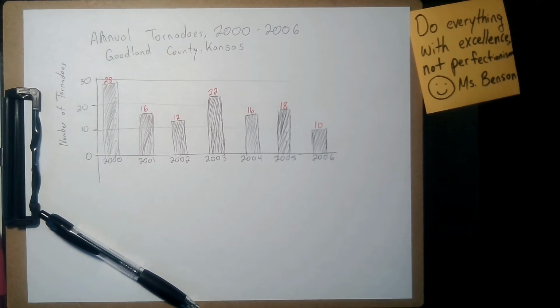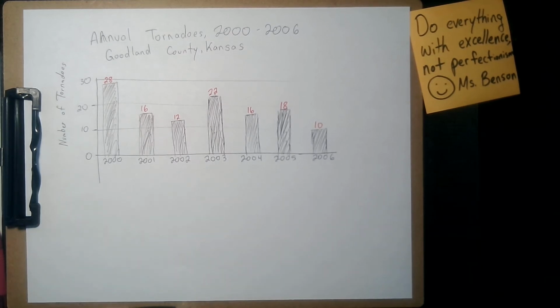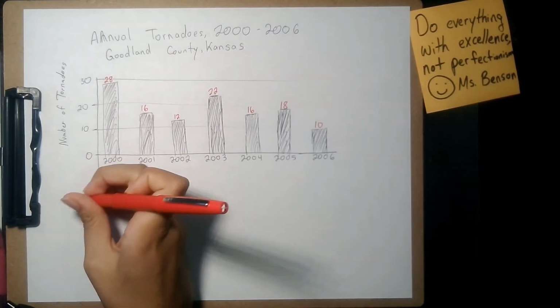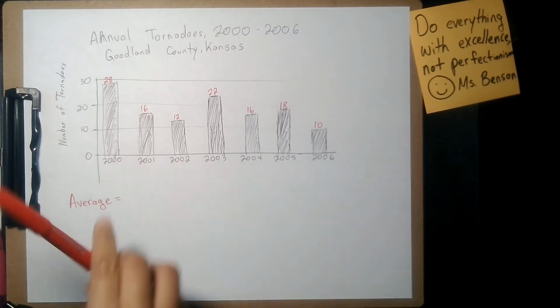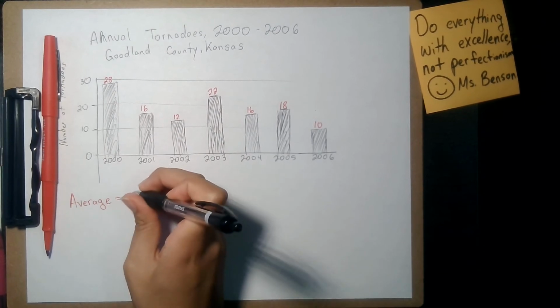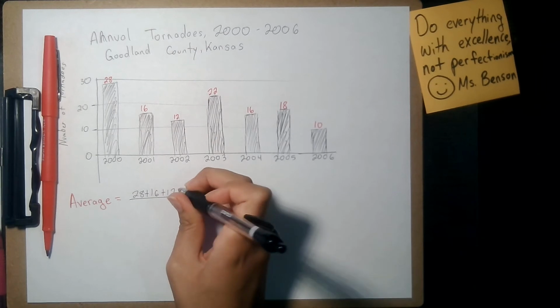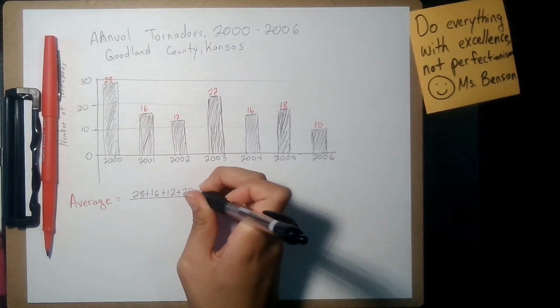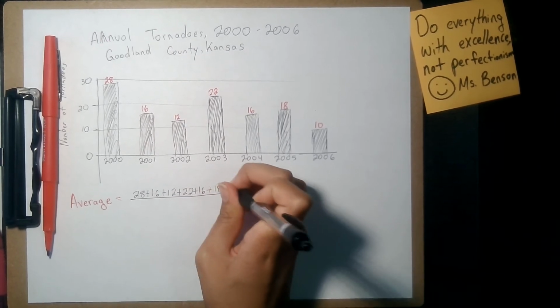Okay, so let's look at our mean first, our average. We need to add up all the number of tornadoes that there were. So we had 28 plus 16 plus 12 plus 22 plus 16 plus 18 plus 10.